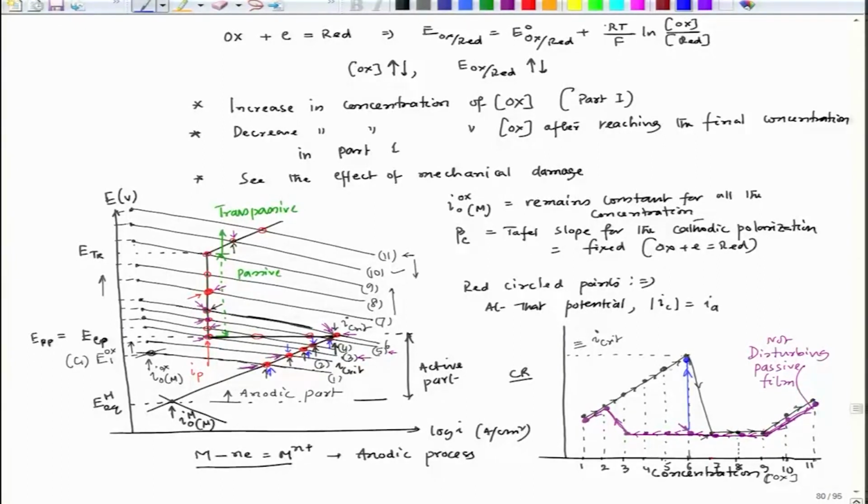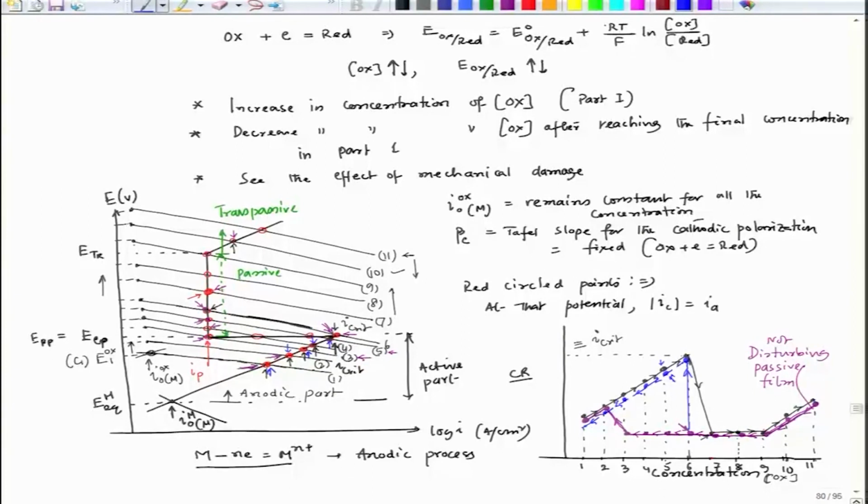Remember, this point and this point are both the same location, but just to give you an indication of how the movement happens, I have drawn it a little away from the black circle. Okay. So the movement would be this way.